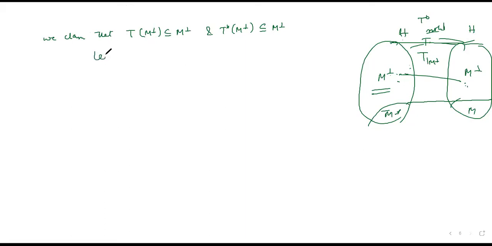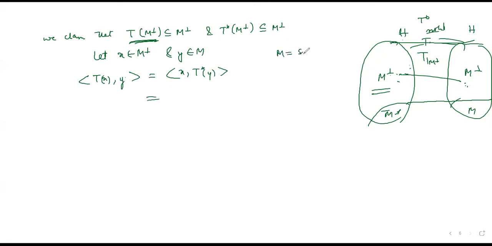So let's start. Let X belong to M perp and Y belong to M. Then मैं लेता हूँ T of X. T of X कहाँ belong करेगा? यहाँ पे. और मैं दिखाऊंगा it is orthogonal with Y. So <TX, Y> is the same as <X, T star Y>. अब चूंकि Y जो है वो M में है.